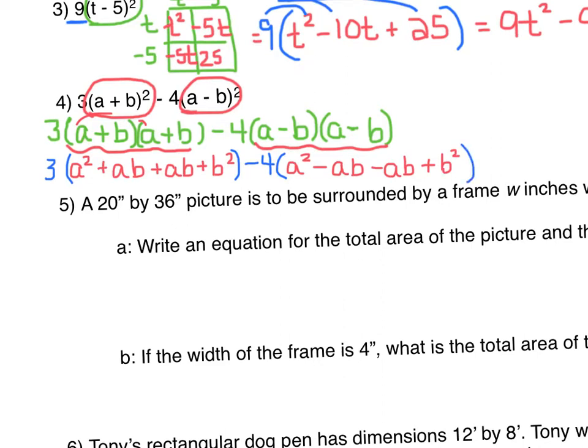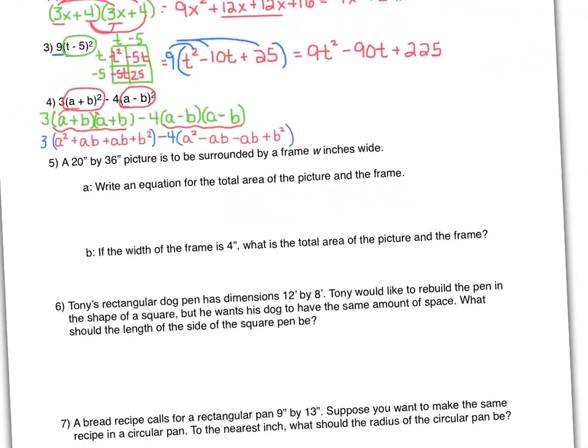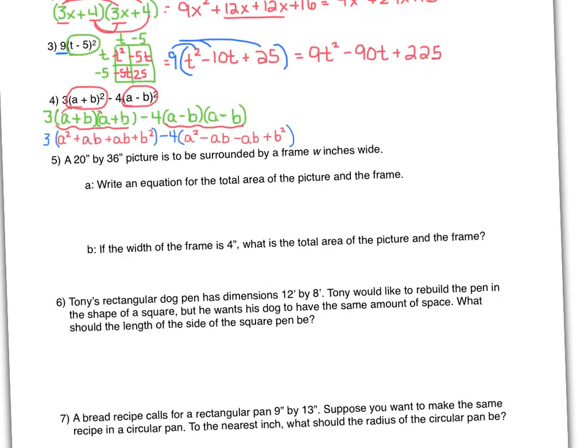Okay. I'm going to go ahead and simplify those. Shrink this up some. So off to the side over here, I'm not distributing yet. I'm going to take a step and just combine like my ABs here and my ABs here.